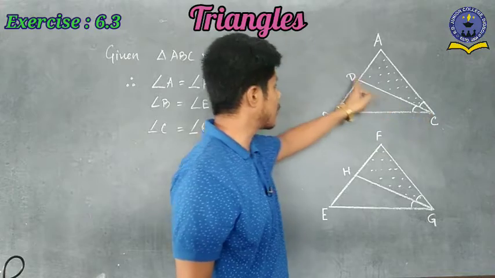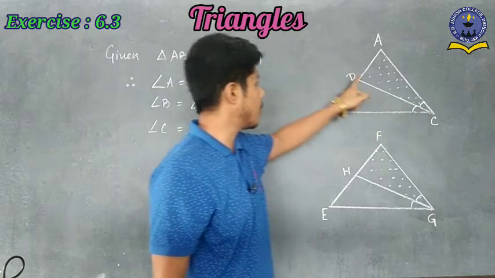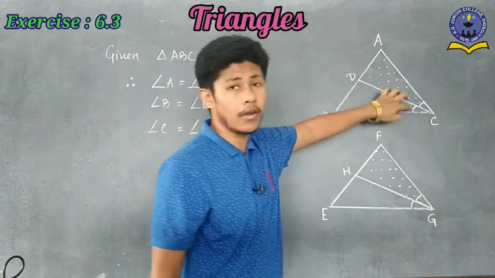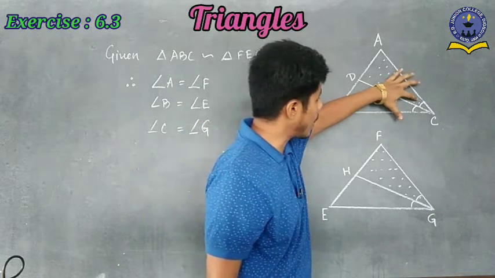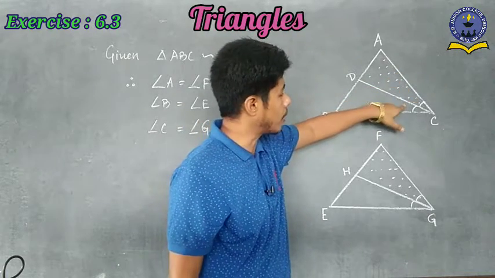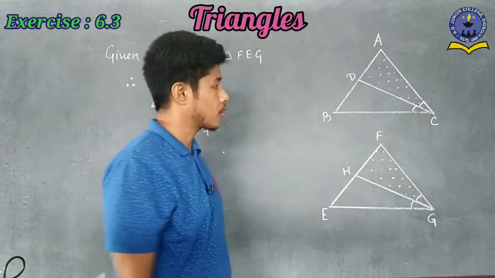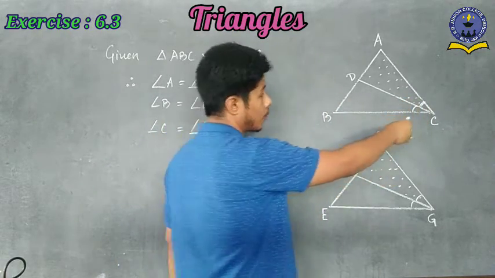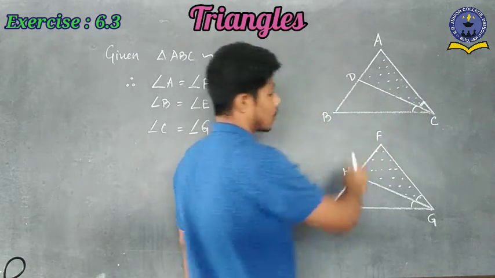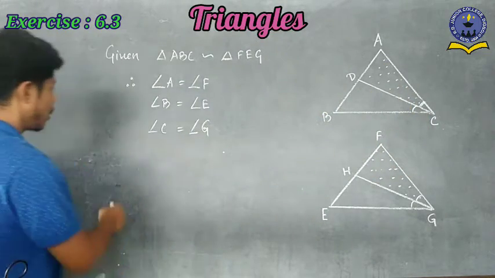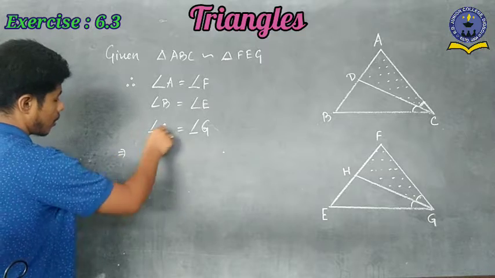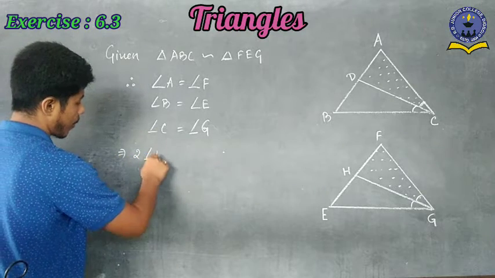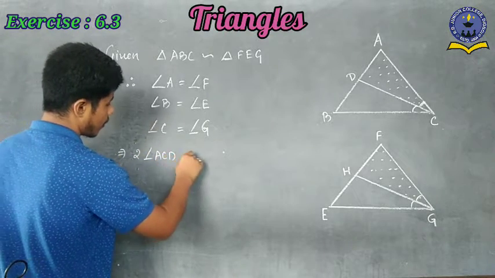And here CD is the bisector. If CD is the bisector, that means these two angles are equal. So we can write 2 times either this one or this one; any one we have to write. But here we need this portion for the first proof, so we write 2 times ACD. Is it clear? So in place of angle C, we can write 2 times angle ACD.